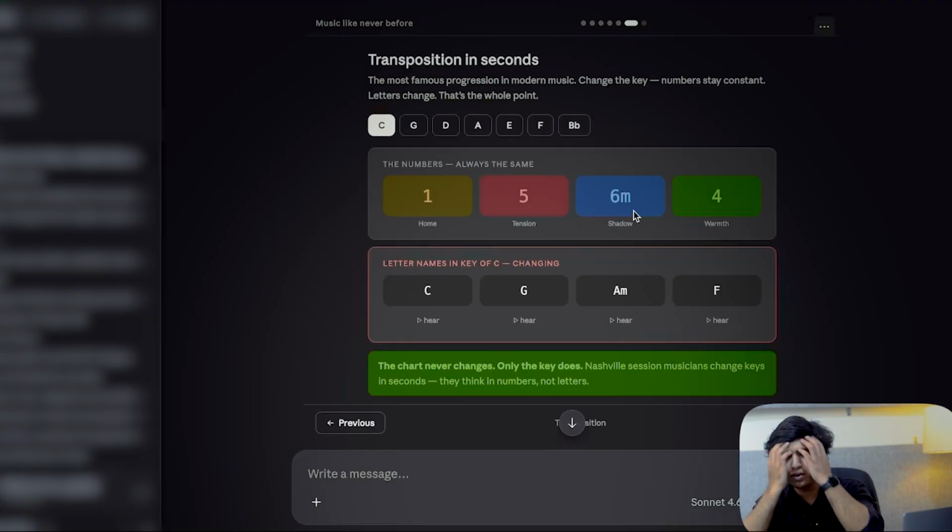Okay, also talking about Nashville number system, why they did what they did was because they had to record 5 to 6 songs in a day, right? What they did was a lot of times when the singers or the instrumentalists used to come, they used to change the key of the song. For example, if you are a musician, you have learned all the chords in C major, right?